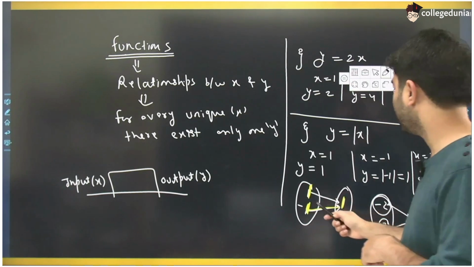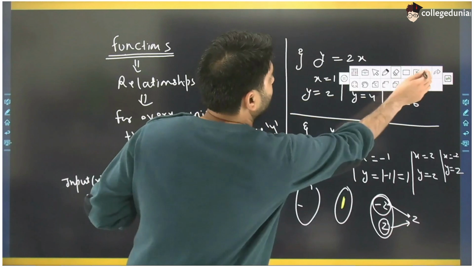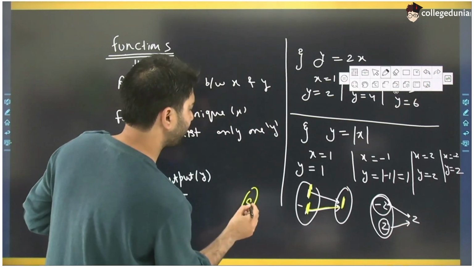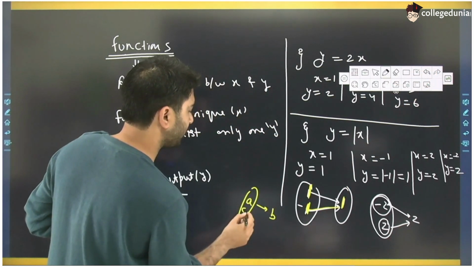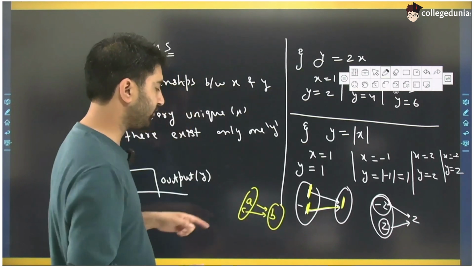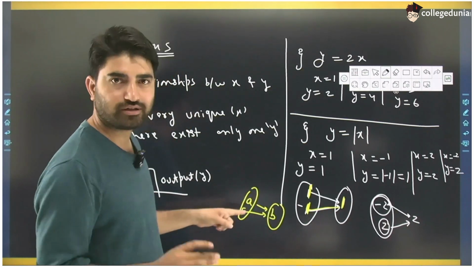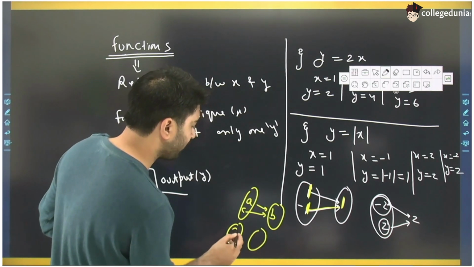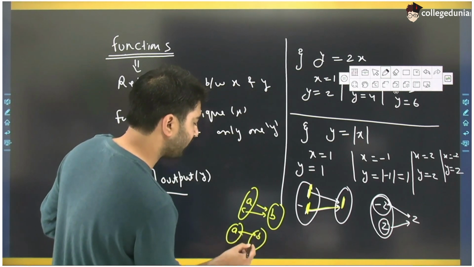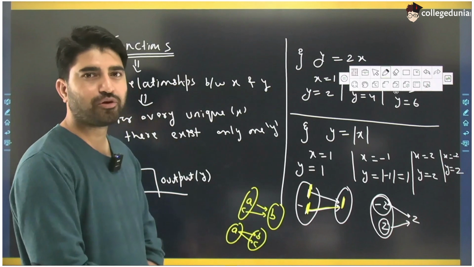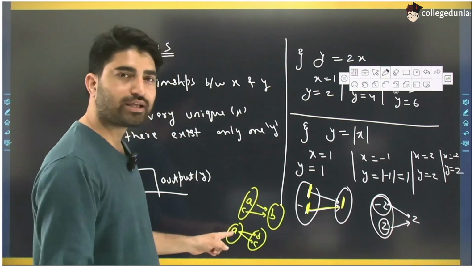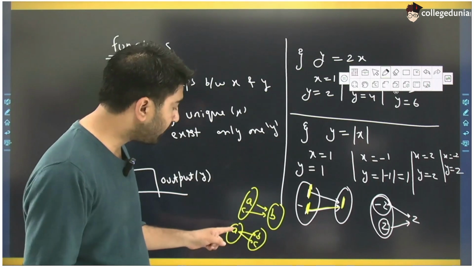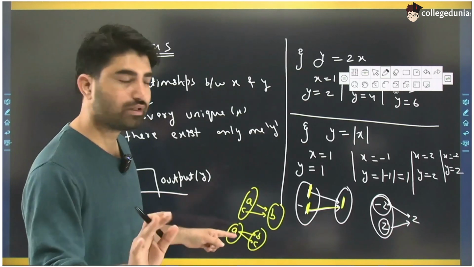It means, let's say, who is father of A? You said B. Who is father of C? You said B. It means A and C both are brothers. But if I say the father of A is B and father of A is C, so this is not possible. One man cannot have two fathers. One element cannot have two images. That's how it is.